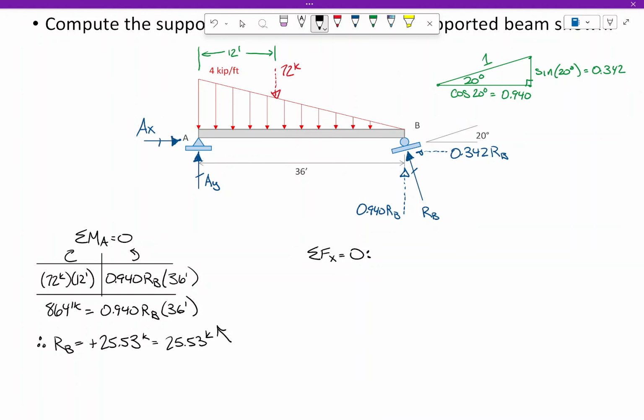So let's just use some common sense here on this one. How many horizontal loads do we have? We have two, right? We have AX going to the right, 0.342 RB going to the left. So that tells me that my assumption for AX is correct, and I can calculate AX right now by just saying AX is that.